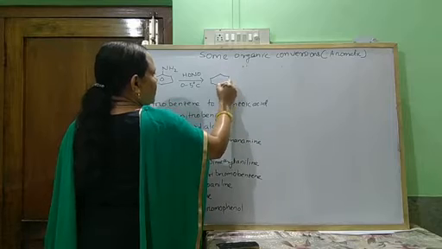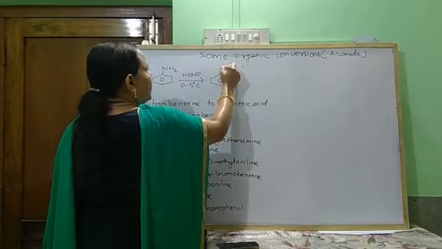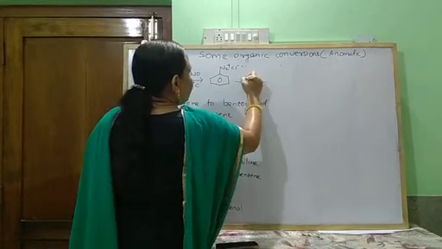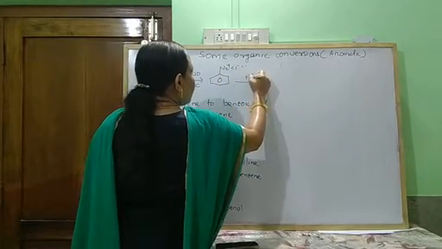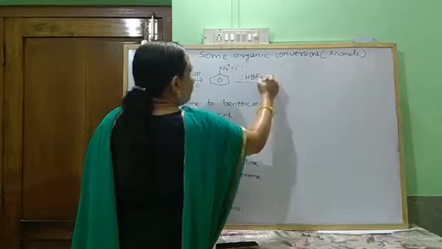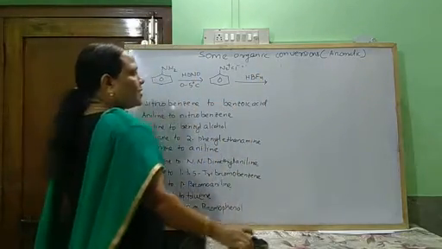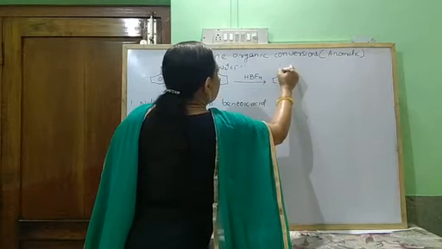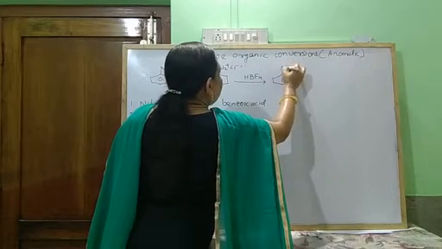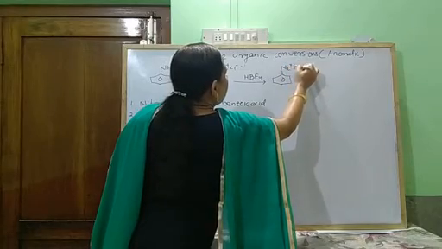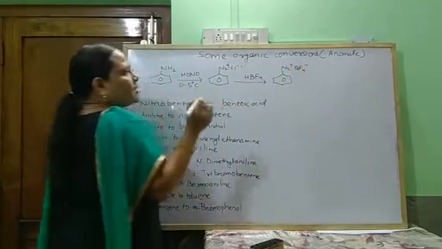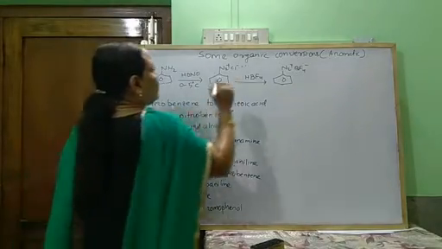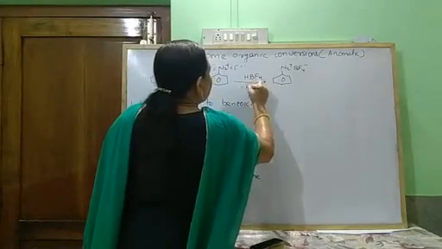So it forms benzene diazonium chloride, and this benzene diazonium chloride, when treated with fluoroboric acid or tetrafluoroboric acid, forms benzene diazonium tetrafluoroborate. So benzene diazonium tetrafluoroborate, this is also a salt, and here minus HCl.